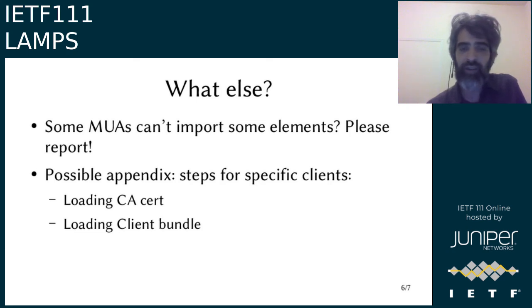I don't know how folks feel about having software specific stuff, saying, when this draft was written in August of 2021, we took the following steps on the Apple Macintosh desktop operating system to import this, and this is what we found. We could include those things just so people are used to using them. If folks want to report back on the list, we don't have to include that information in the appendix, but it would be good to know if things work or don't work for you.